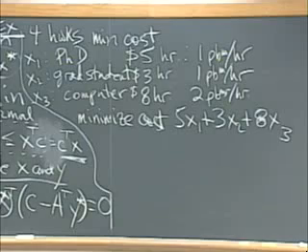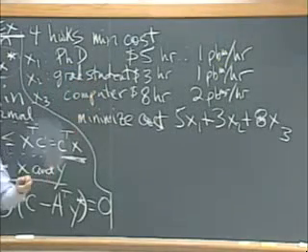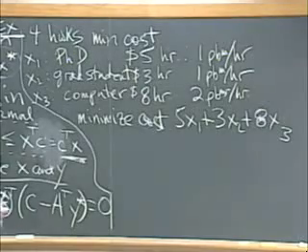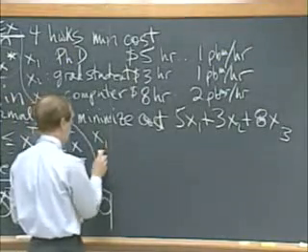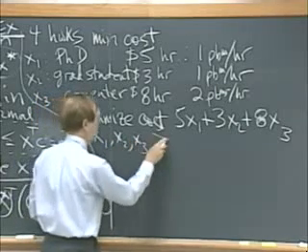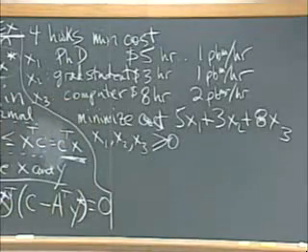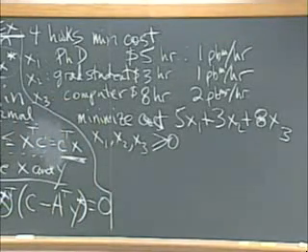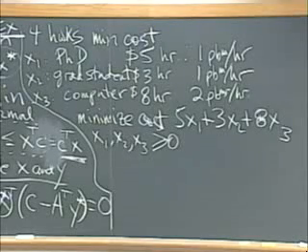What's the constraint? Well, the constraints are that they can't work a negative number of hours. So x1, x2, and x3 are all greater or equal to 0, right? But now what's the constraint about getting the 4 problems solved? I just want to get 4 problems solved.